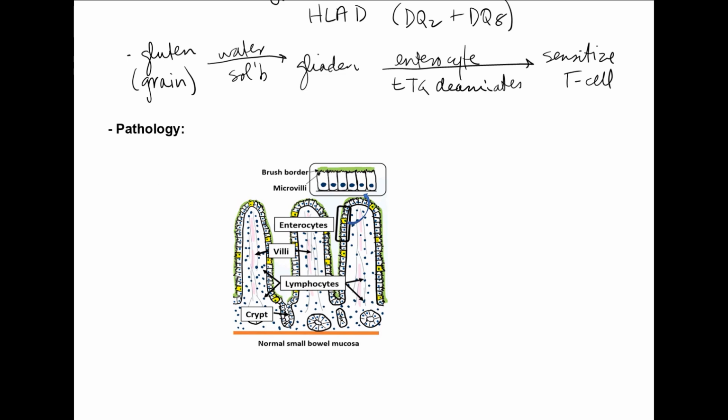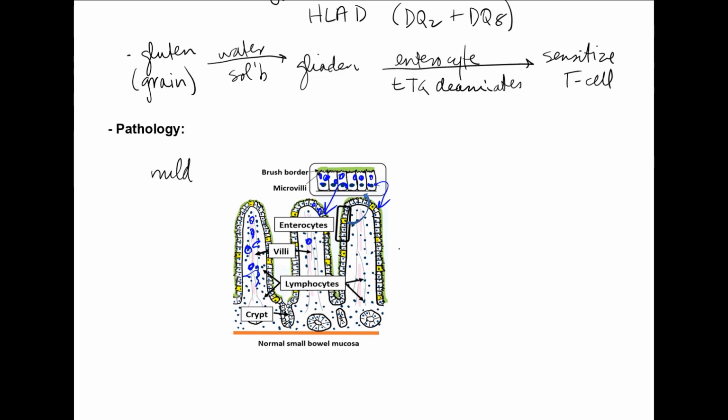If we look at the normal small bowel, mild disease shows the infiltration of the lymphocytes into the small bowel mucosa, and one can make a diagnosis histologically by showing that there are increased numbers of lymphocytes in the enterocytes of this surface epithelium. So early disease can be diagnosed by performing a small bowel biopsy and counting lymphocytes in the epithelium.